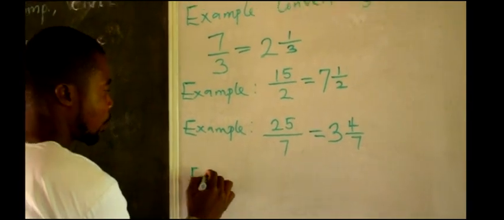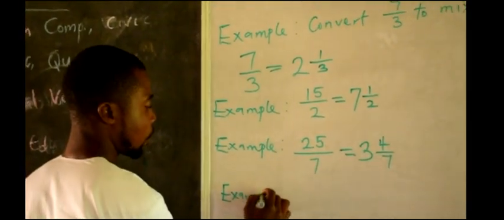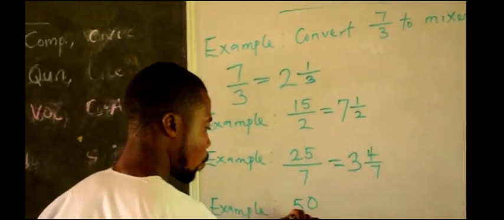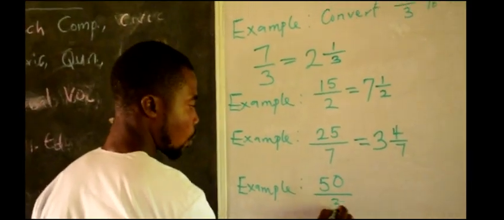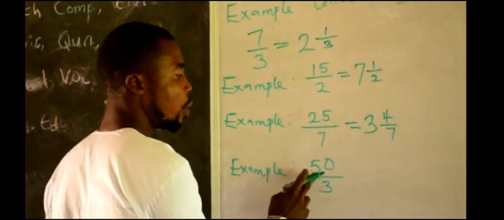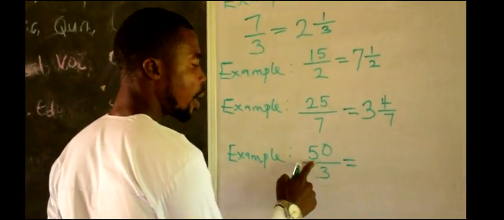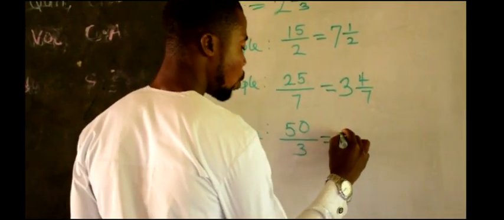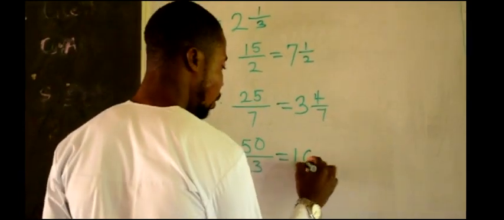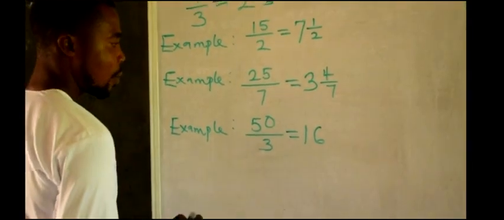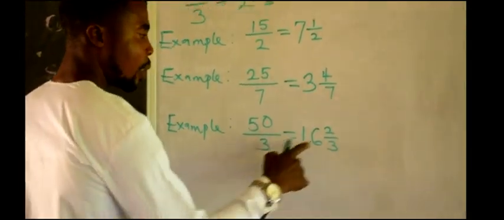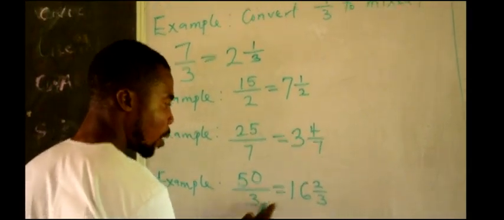Another example. 3 will go in 50... it will go 16 times, remainder 2. It will remain 2 all over 3.